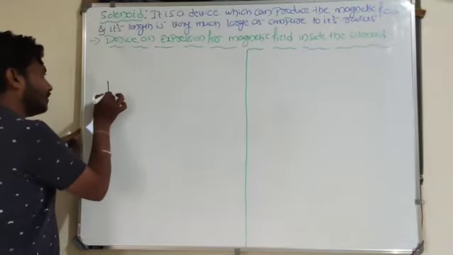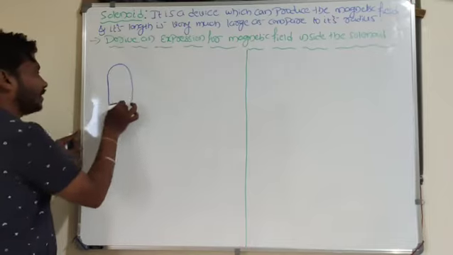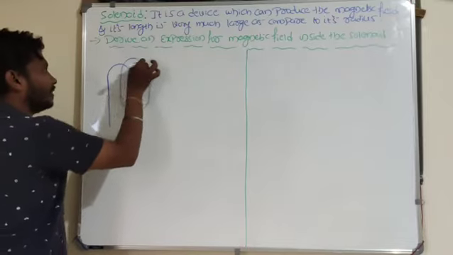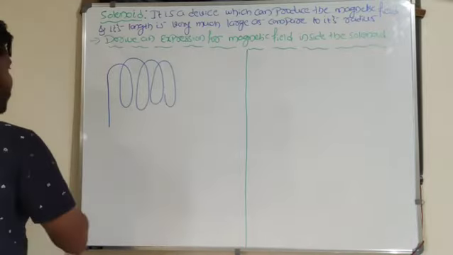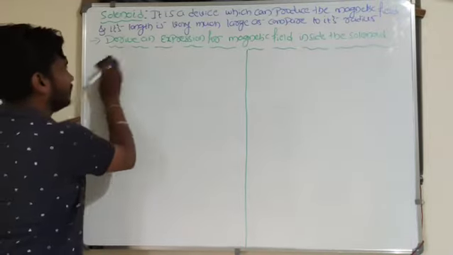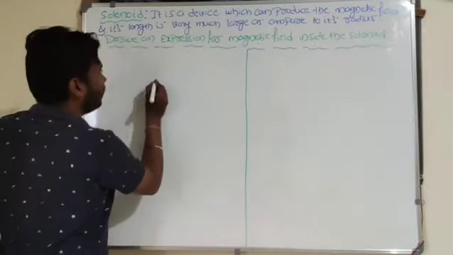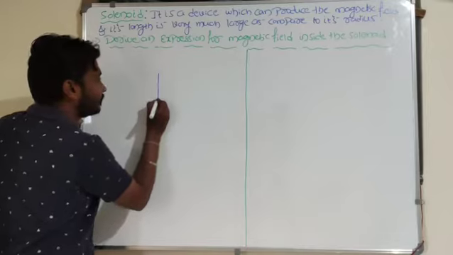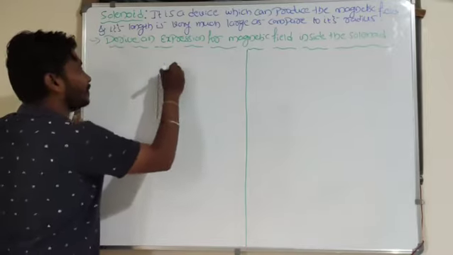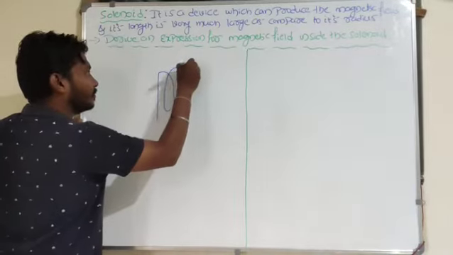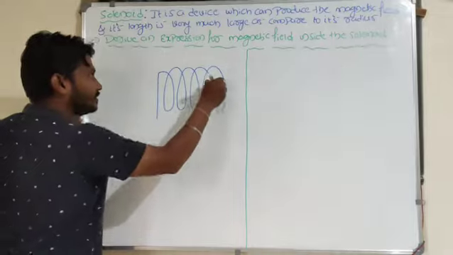I can take a conducting wire, and I will mold it in this way. Okay, I will draw the solenoid first. Look at here. It consists of a number of turns.